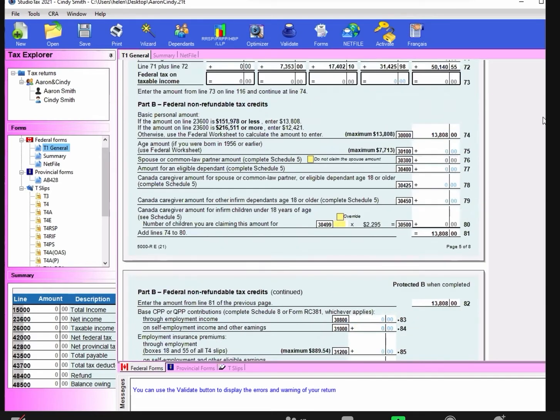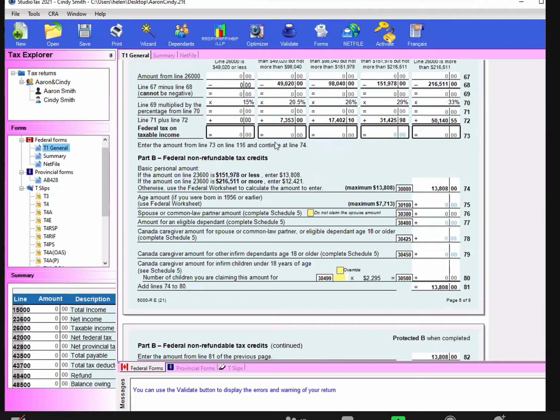So we know 12,000, then Cindy has a basic amount. The basic amount is 13,808. So under this amount, that is 12,000, then they have a basic amount.